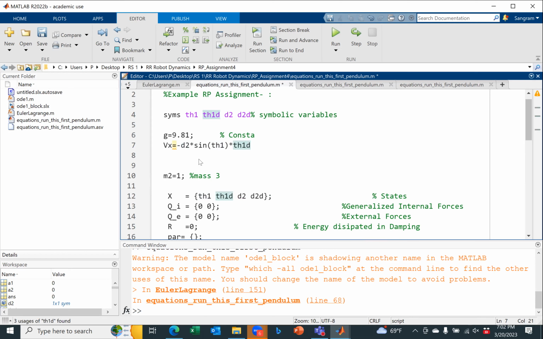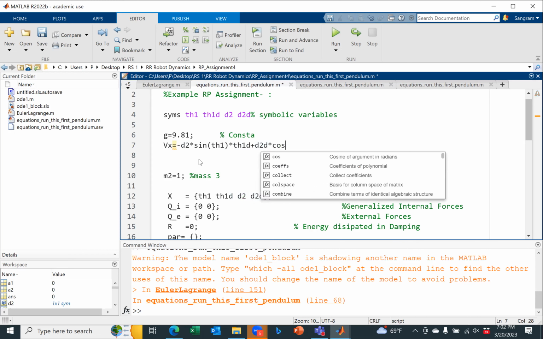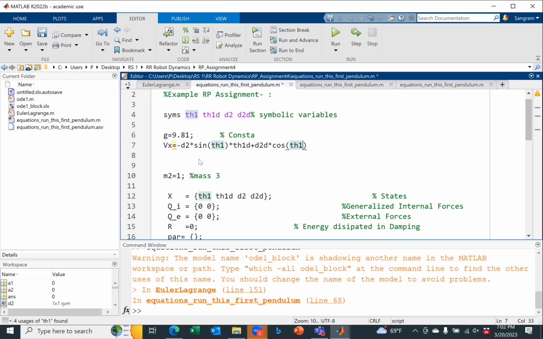Okay, then plus d2d multiplied by cosine theta 1 minus L1.